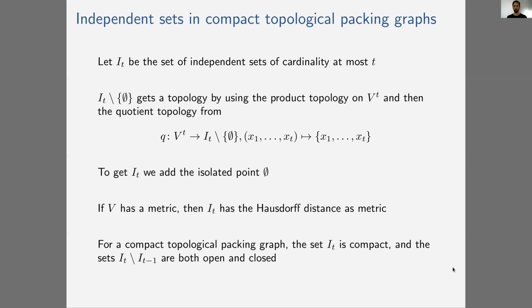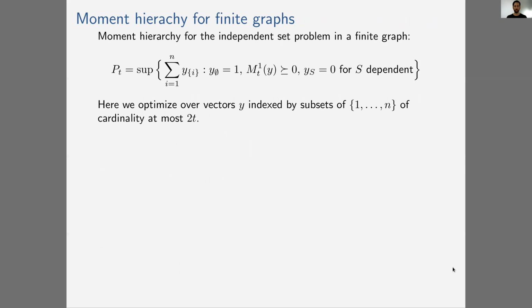Okay, so this is just the setup. Now we want to build a hierarchy for this, and of course we want to use what we did yesterday. We want to use this moment hierarchy specifically for the independent set problem. Let me go back to that for a second. Yesterday we finished with a moment hierarchy for the independent set problem in a finite graph. What do we do here?